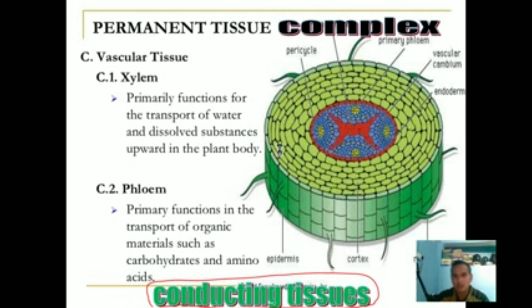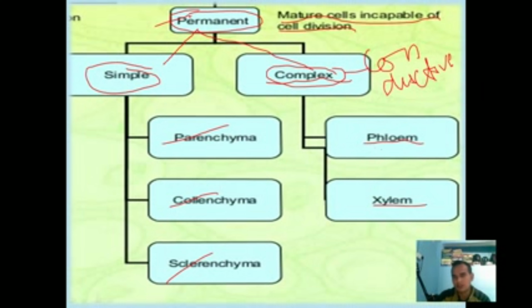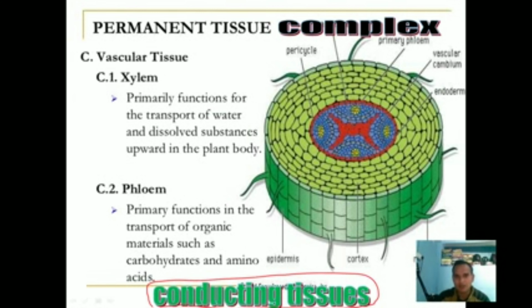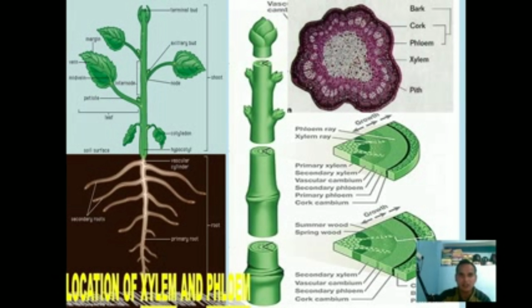Why are these two tissues called the conductive tissues? Because they conduct different materials within the plant. Now look here, this is your plant. From the root, something needs to be transported to the leaves and to all the different parts, the upper part of the plant.